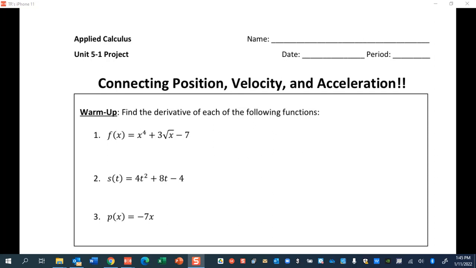There's a little bit of a warm-up when we're talking about taking the derivative, kind of get your heads back in that. Wait a minute, what? What's the derivative? Tell me about that again. I don't remember, I don't understand. So why don't we just complete these 3 warm-up problems together, and then we'll come back and check in a minute.